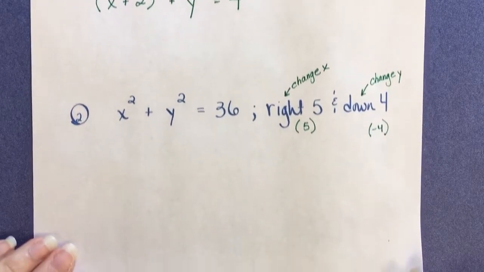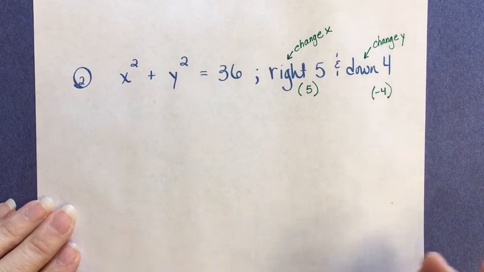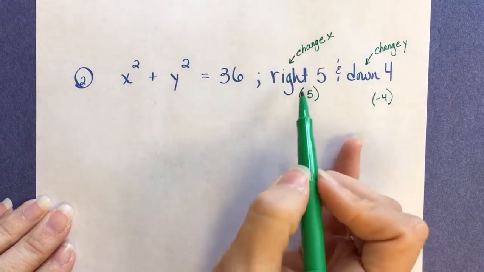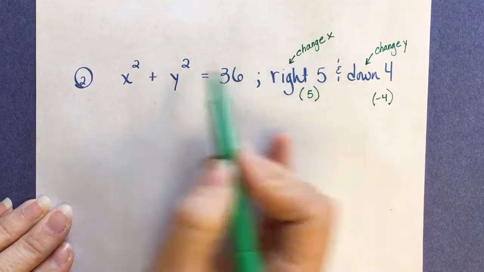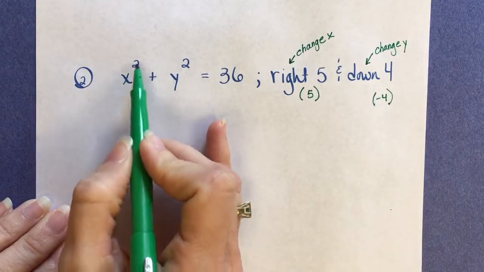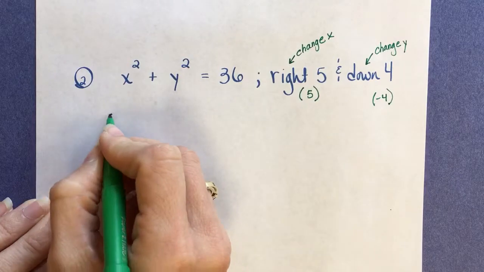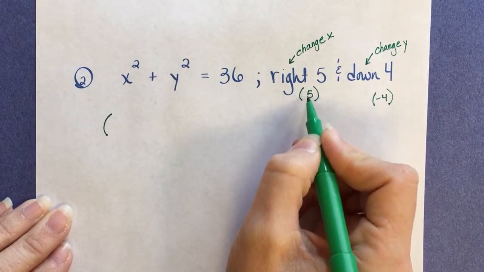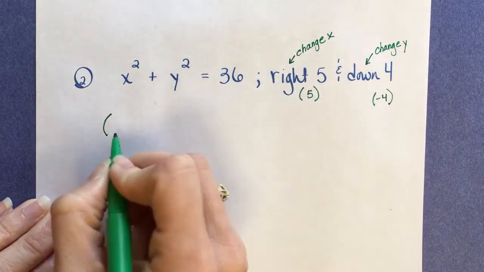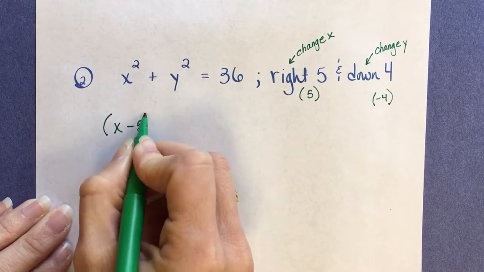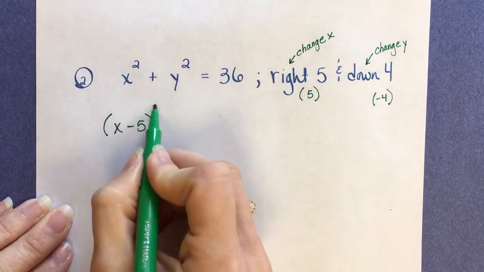okay? So now let's take this and put it into our equation. So the 5 is going to have to be used here with the x, because remember, going left or right changes x. But you do the opposite. So here we think of right as +5, but then we're going to have to write it as -5.